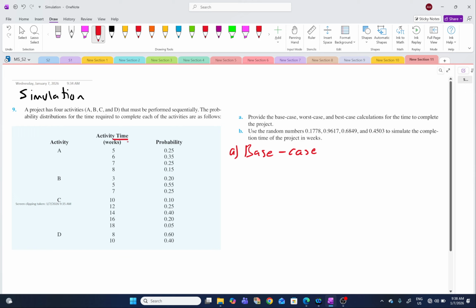The time is in terms of weeks, 7 and 8. For base case, kita akan pilih masa yang paling having high chances to happen. Kalau you tengok probability dekat sini, which probability is highest? 0.35. So you take 6 here.